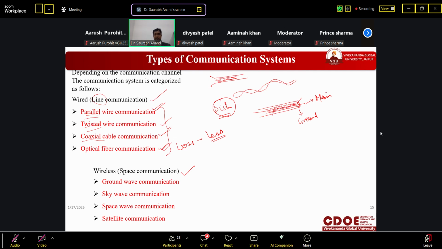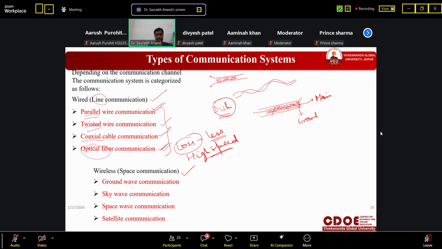The losses are least out of these four types of communication, that is why we prefer optical fiber. It costs higher, but the output is good, right? Why output? Because losses are very less, and due to that, we are getting high speed internet. So speed is high. So information can be transmitted within very less time. So we prefer optical fiber.